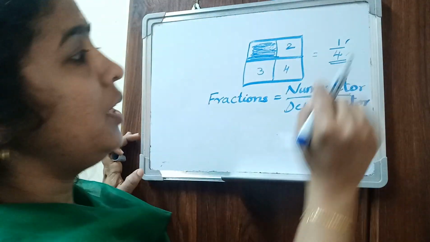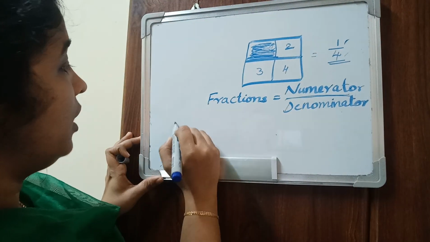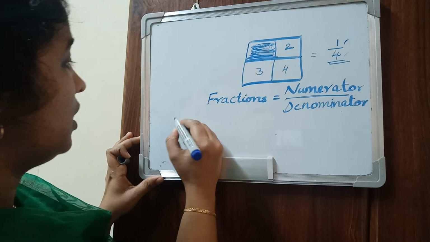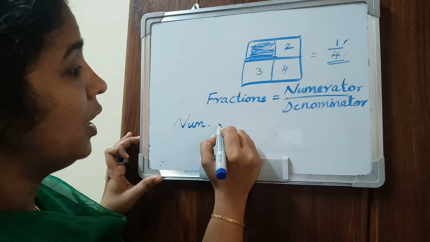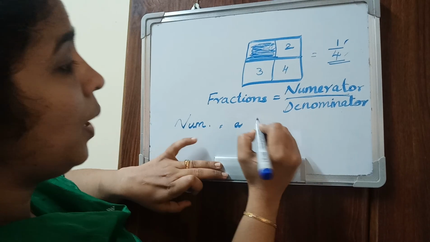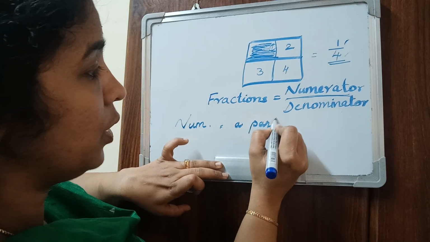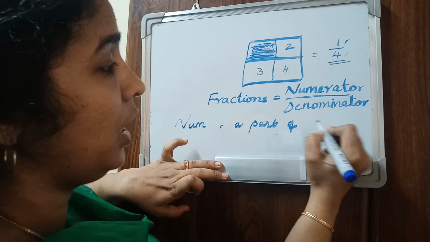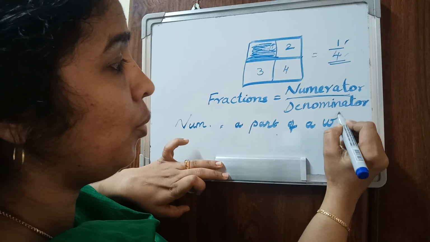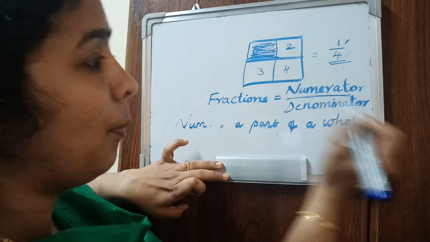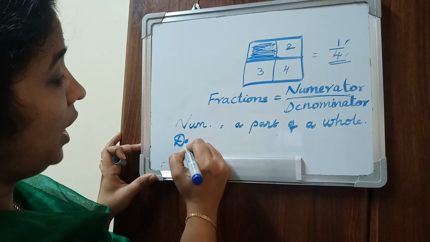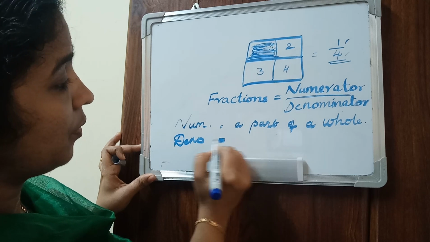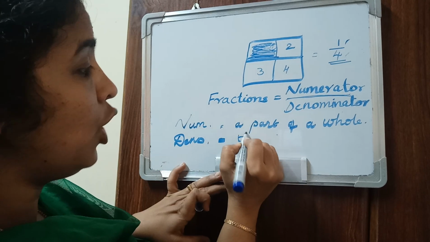Clear? Then what does the numerator represent? The numerator represents a part of a whole, and the denominator represents the whole.